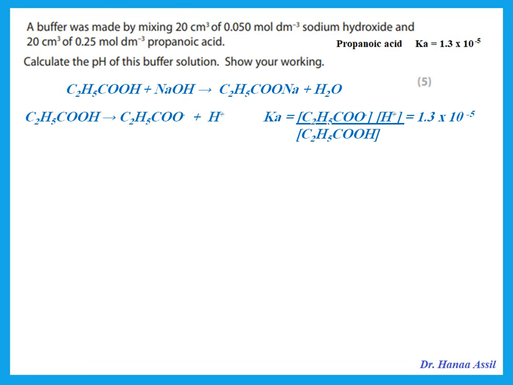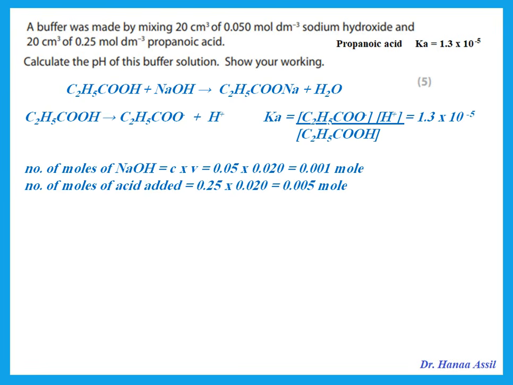That means the Ka is the concentration of products over reactants, and he gives me a value for the Ka. I can calculate the number of moles of sodium hydroxide, concentration times the volume that is given, and the number of moles of acid added, concentration times volume. Of course, we're changing the volume to decimeter cubed by dividing by 1,000. So I have the number of moles.